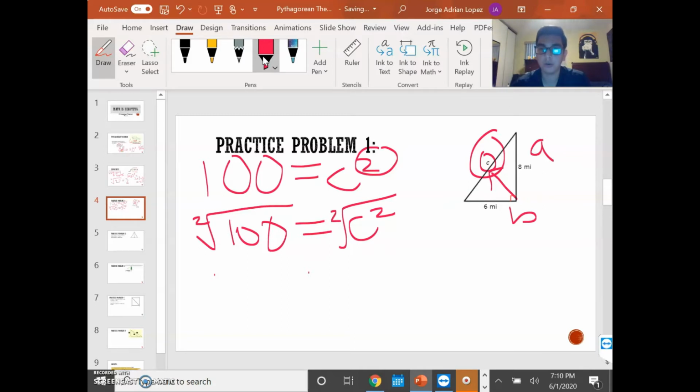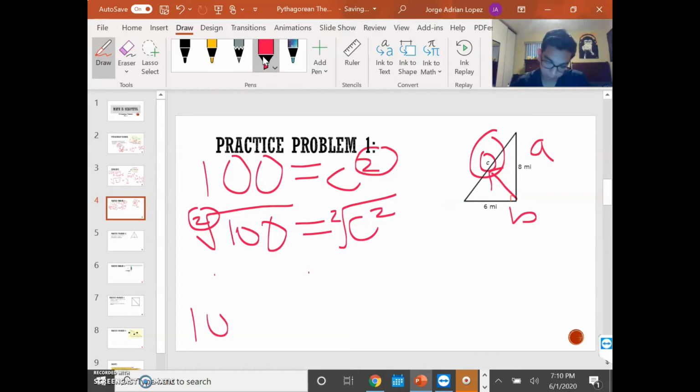Now, what's the square root of 100? Now, think about that. This 2 kind of gives you a reminder. You need to think of a number that when you multiply it by itself 2 times is going to give you 100. Any idea what that'd be? 10. Why is it 10?